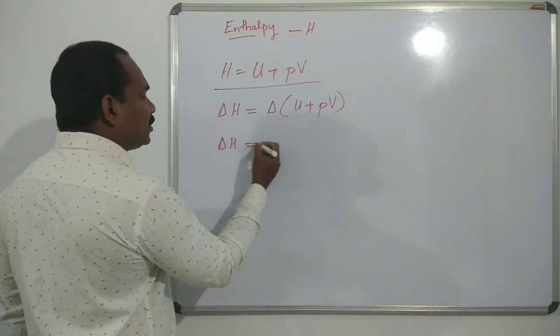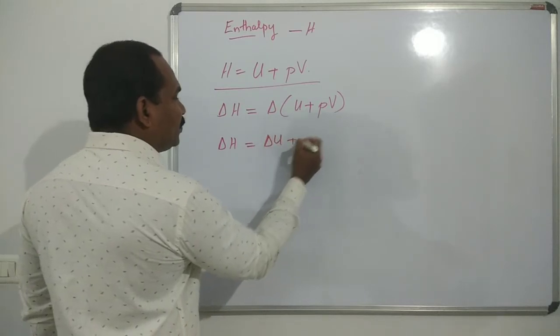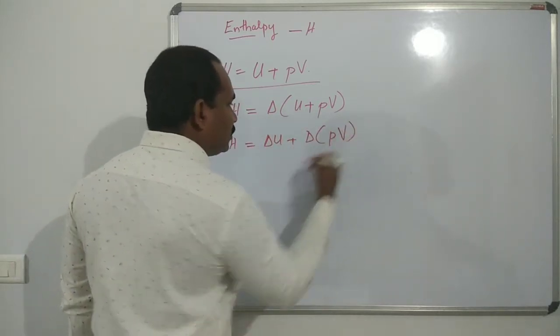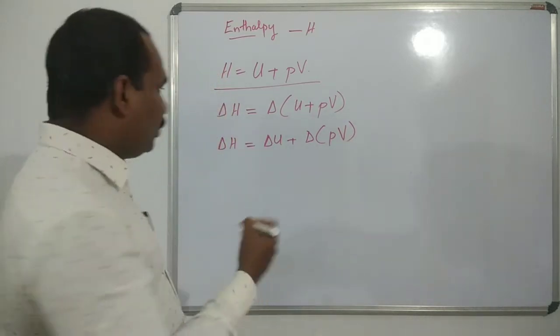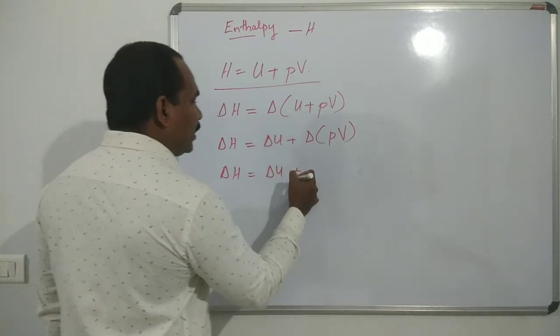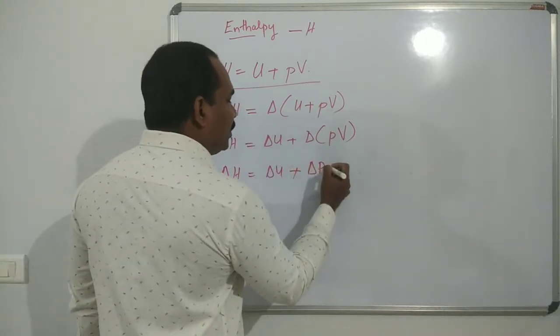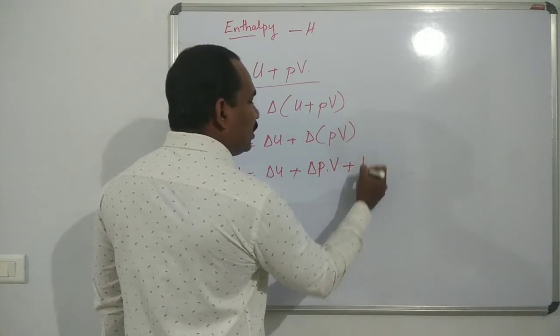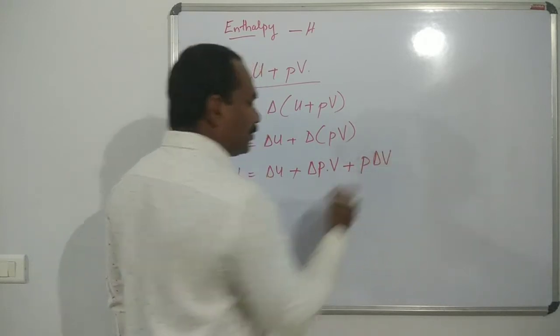Delta H is equal to delta U plus delta P into V plus P delta V.